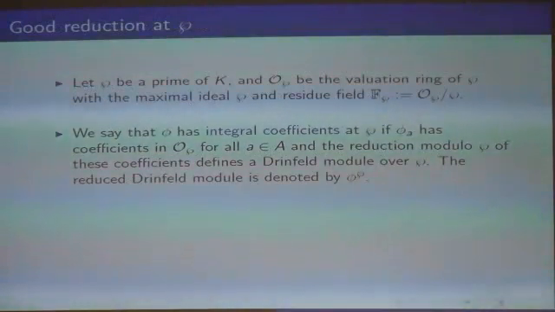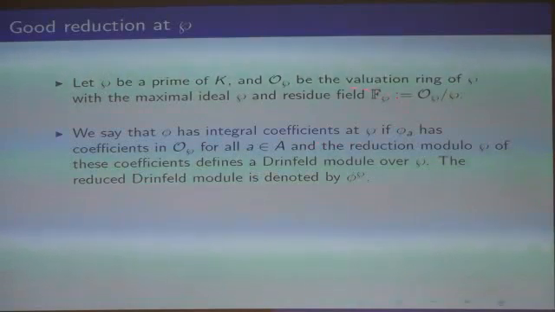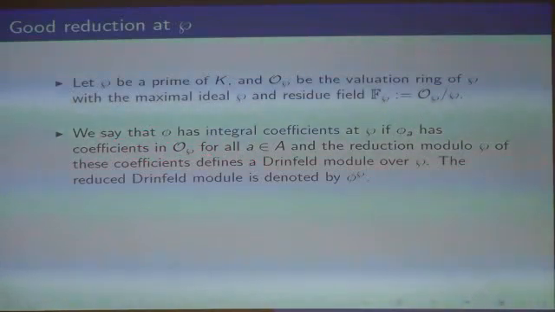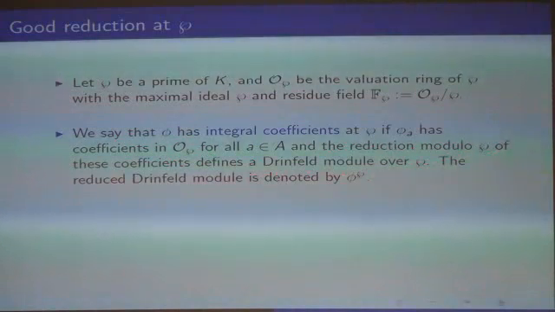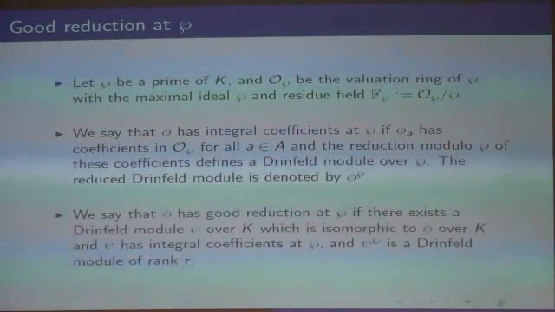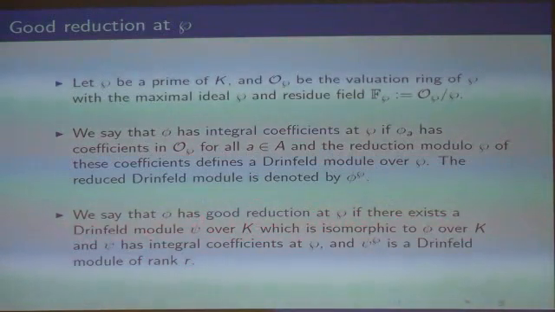For good reduction, P is a prime of K and O_P is the valuation ring of P. When you say the Drinfeld module has integral coefficients at P, that means phi sub A has coefficients in this integral valuation ring. The reduction mod P, the reduced Drinfeld module, is denoted by this. When phi has good reduction, what does that mean?